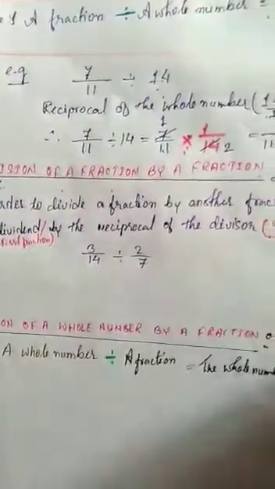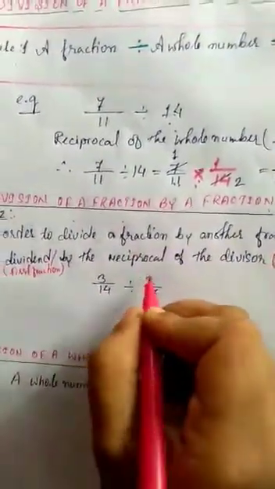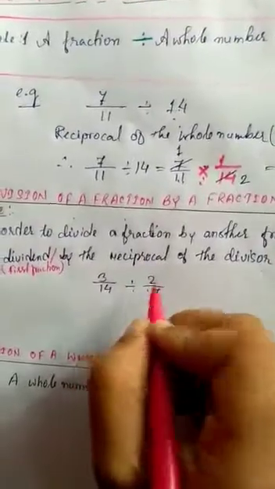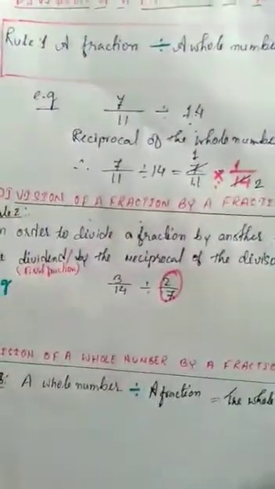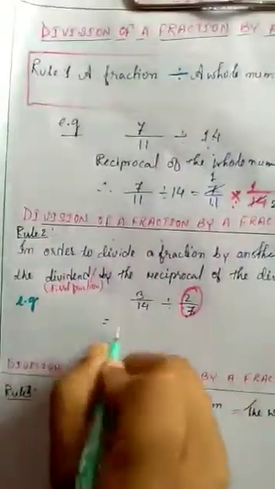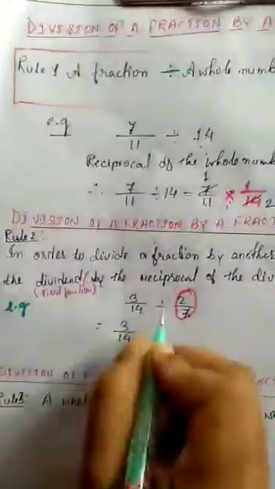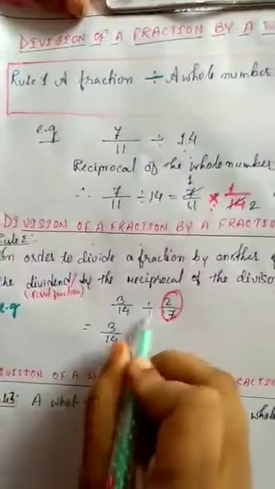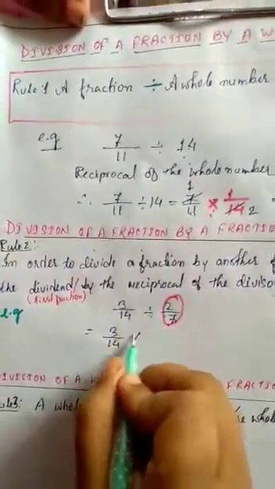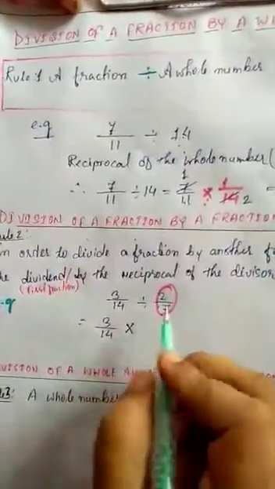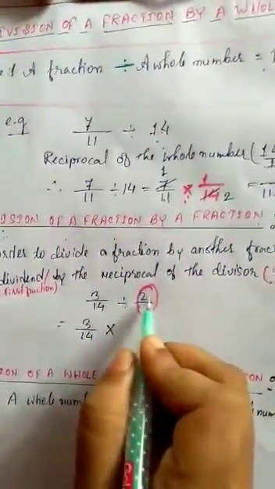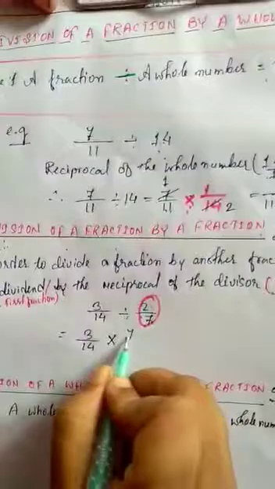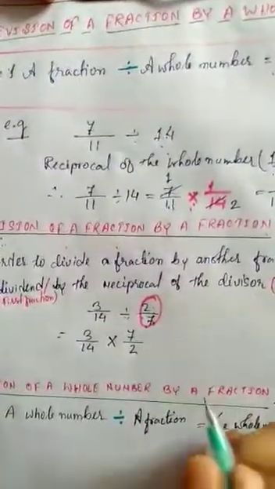So we'll look at the divisor, the one by which it is divided, and we'll see the reciprocal of 2 by 7. So how will we do it, children? 3 by 14. Here, if we change the sign, divide to multiplication, simultaneously we write the reciprocal of the second fraction, that means 2 by 7, so it will be 7 by 2.